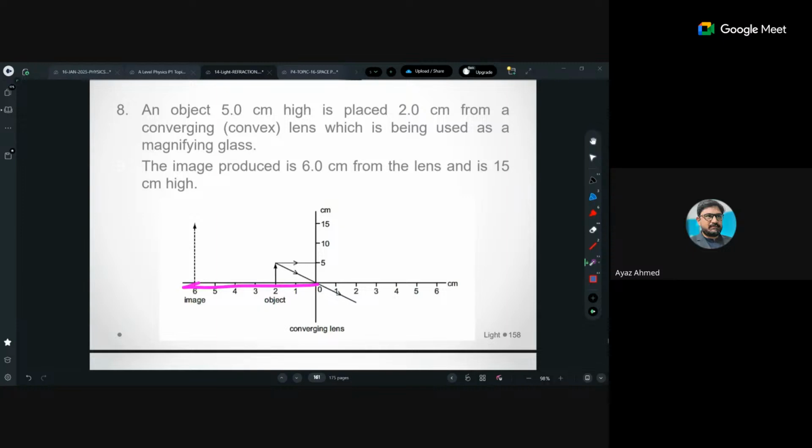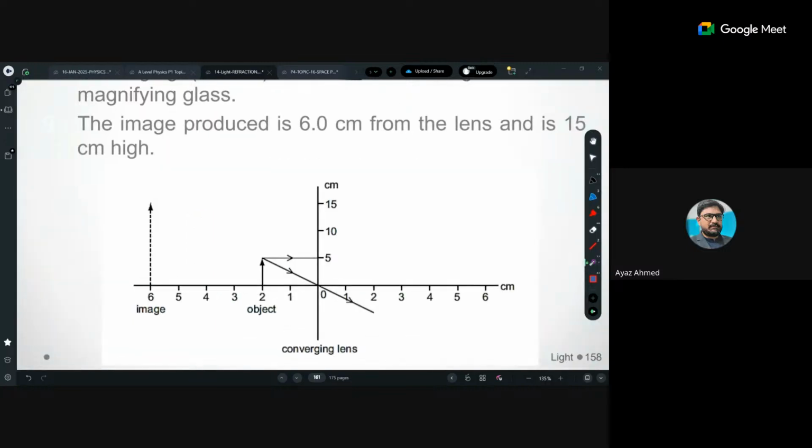Although it is not a scale diagram, you have been given these two partial rays. What is given to you? The partial rays. In step number 1, you will draw this ray. So you have drawn it. Are you agreed? Step number 1 and step number 2 are partially given to you.